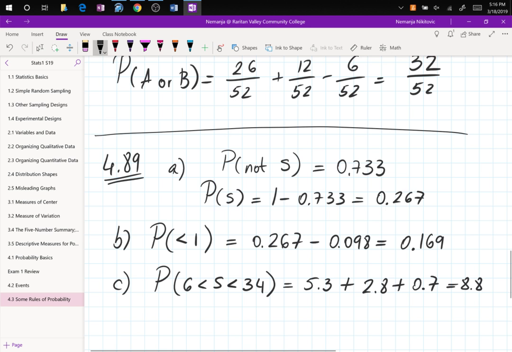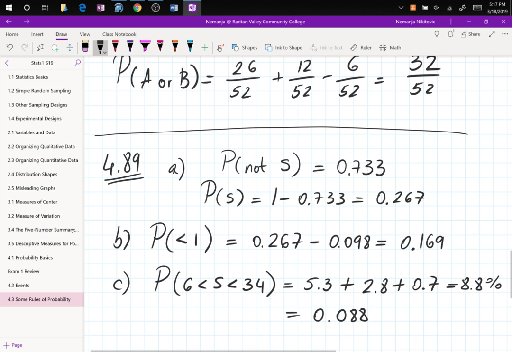Oh, that's percents. You should say 0.088. These are percents. We need a decimal between 0 and 1. So be careful. There's a decimal and then there's a percent.